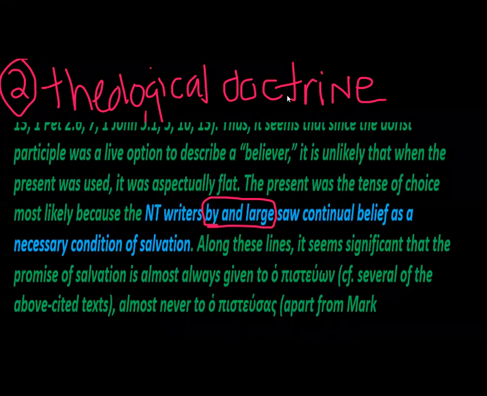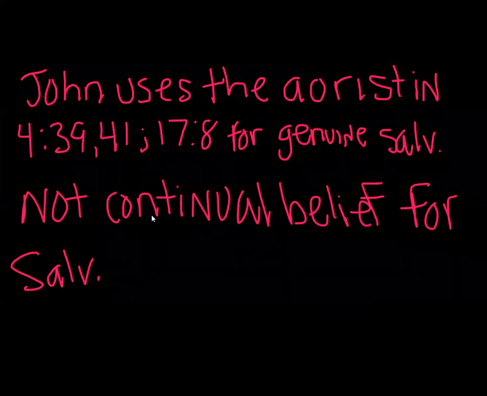Number 2, he establishes a theological doctrine from this, right? But in the blue, he's saying New Testament writers, by and large, saw continual belief as a necessary condition for salvation. Okay? And notice he says by and large. That means there's exceptions to the rules. John uses the aorist in 4:39, 41, and 17:8 for genuine salvation.